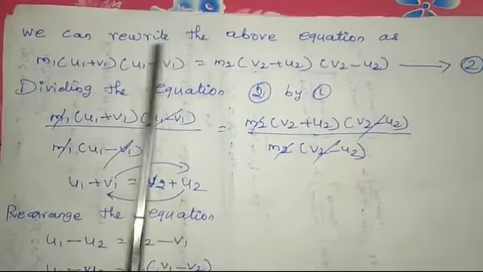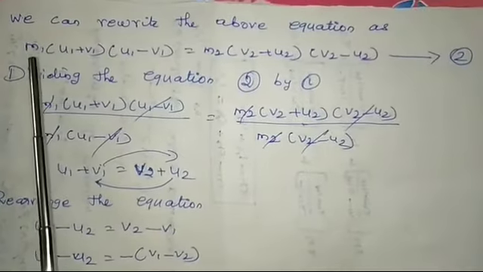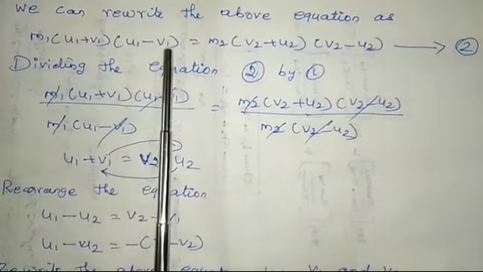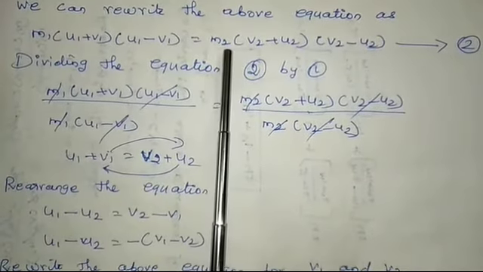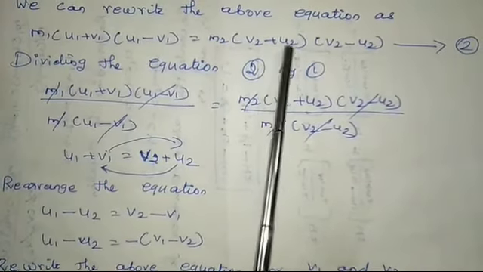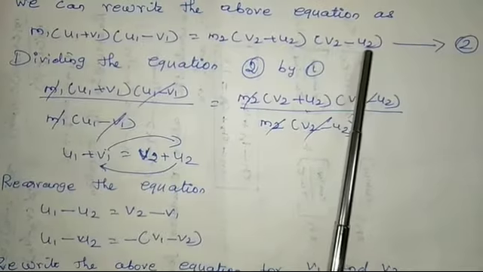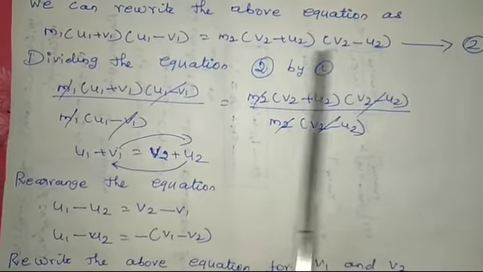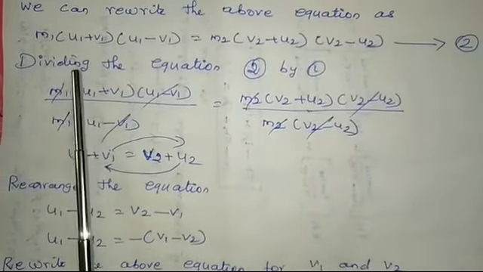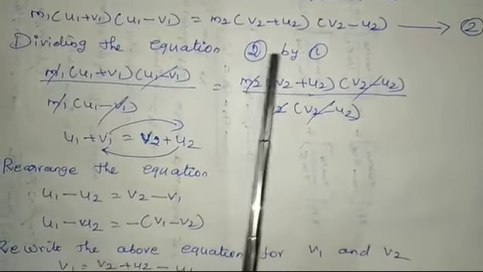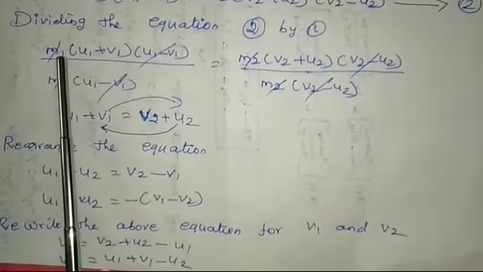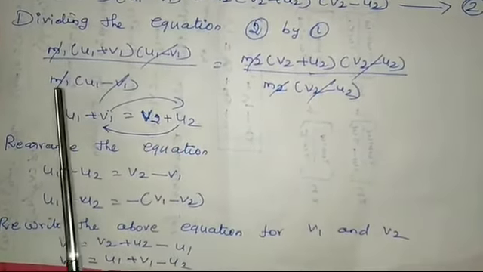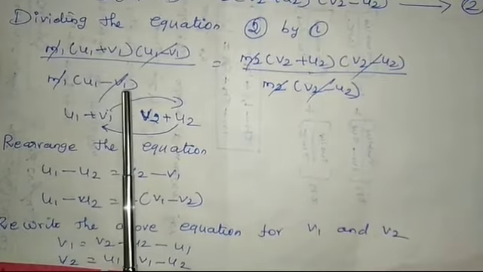We can rewrite the above equation as m1 into u1 plus v1 into u1 minus v1 is equal to m2 into v2 plus u2 into v2 minus u2. This is the second equation. Okay. Dividing equation 2 by 1: m1 into u1 plus v1 into u1 minus v1, by m1 into u1 minus v1.